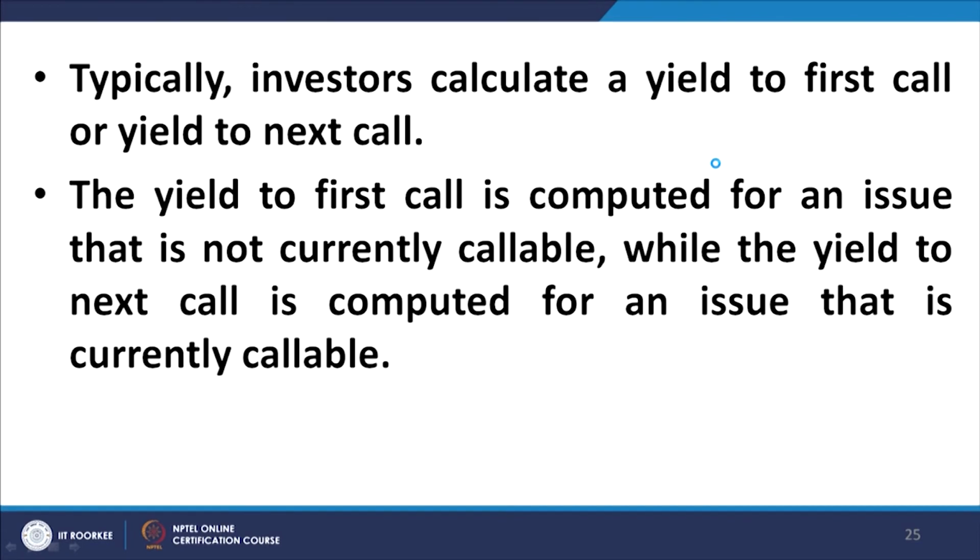In other words, the point in time at which the first call was made has expired, and therefore the bond is callable under the first call, but if it is not callable under the second call, and therefore we can work out the yield to next call instead of working out the yield to first call.